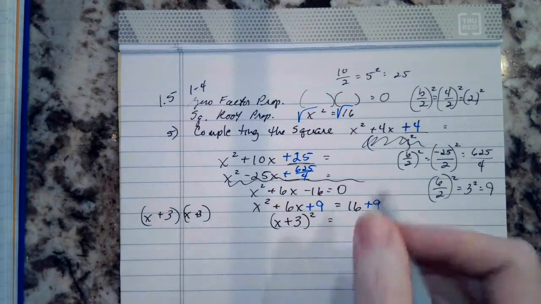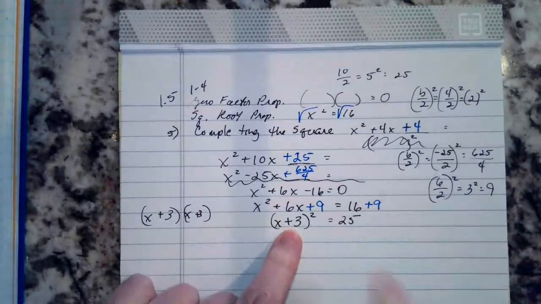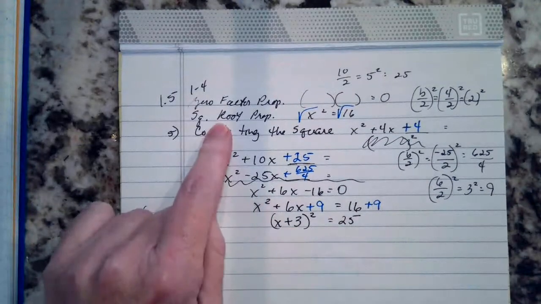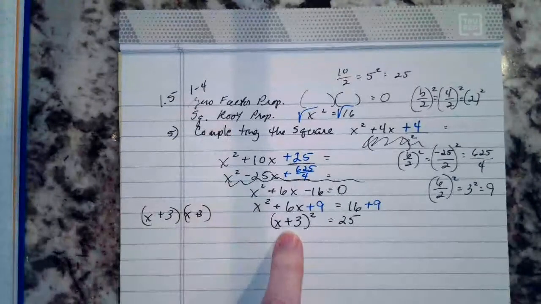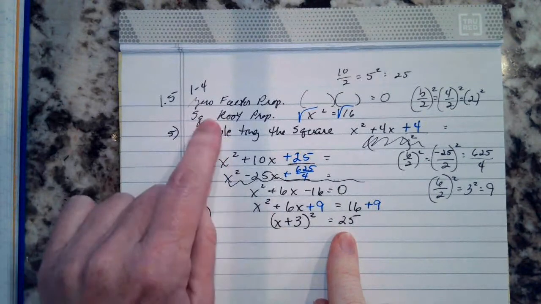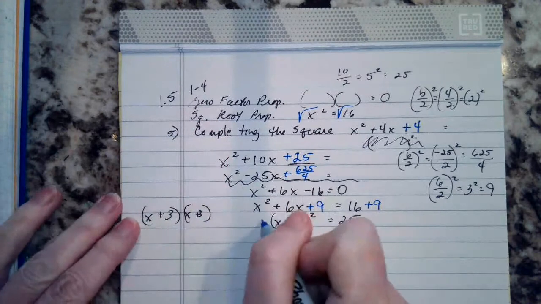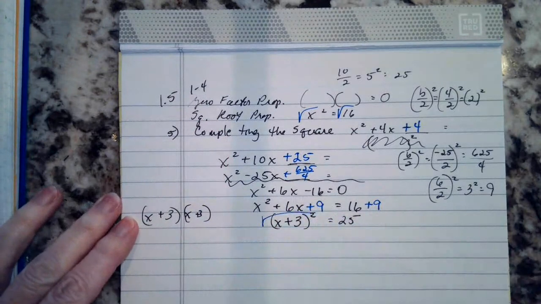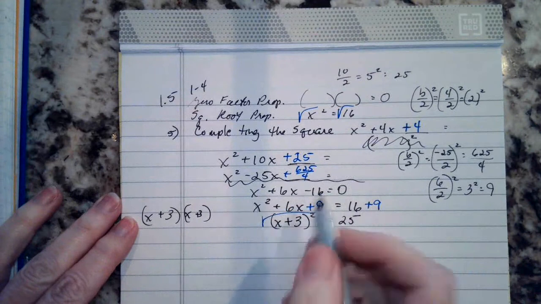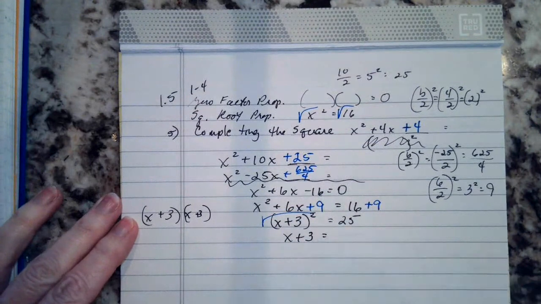Okay, so 16 plus 9 is 25. And now here we sit at a square root problem. We have a perfect square here, and we have a perfect square here. So this is exactly like what we did on Wednesday, when we did 3 square root problems. This is the third of them. So let's take the square root of the left-hand side. Squaring and unsquaring cancel each other out, so we have x plus 3.